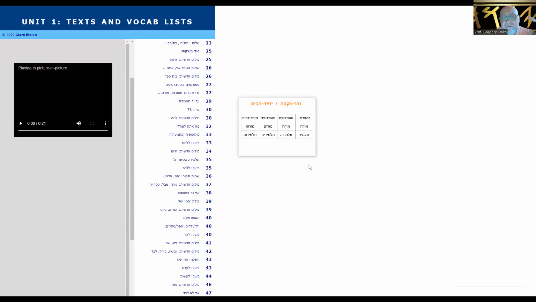So this gives you the different forms of student, teacher, and pupil. Student: student, studentit, studentim, studentiot. Teacher: more, mora, morim, morot. Pupil: talmid, talmidah, talmidim, talmidot. So in this column you've got masculine singular, in this column feminine singular, in this column masculine plural, and in this column feminine plural.